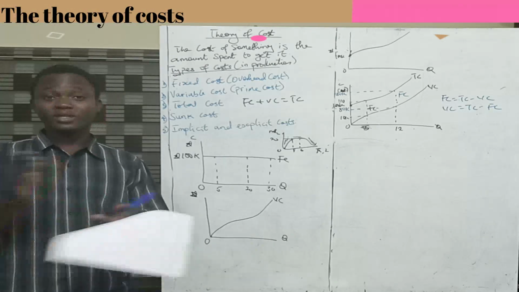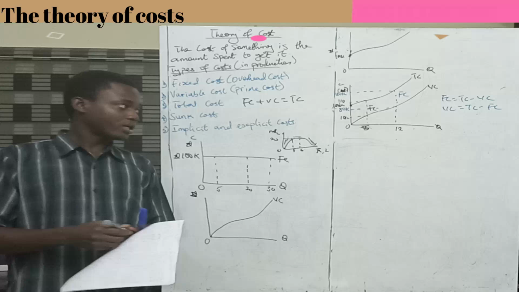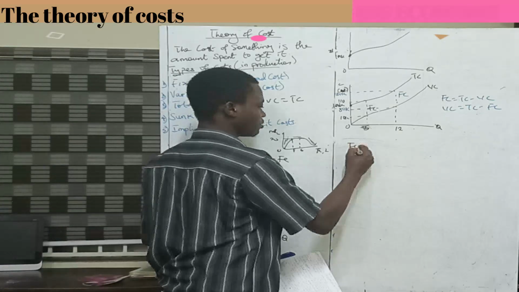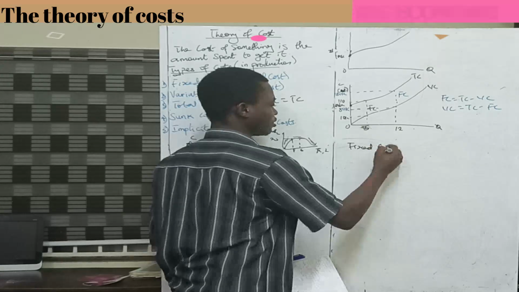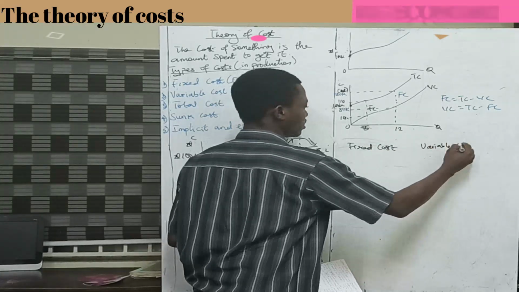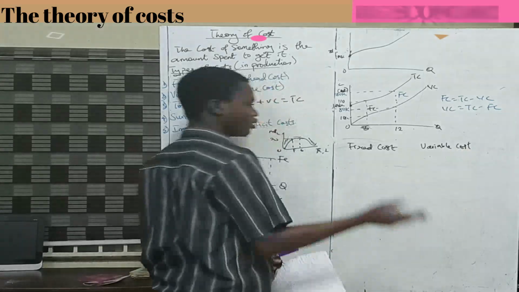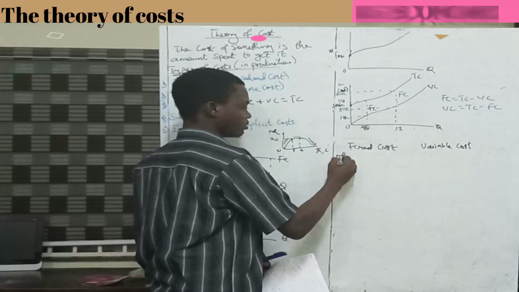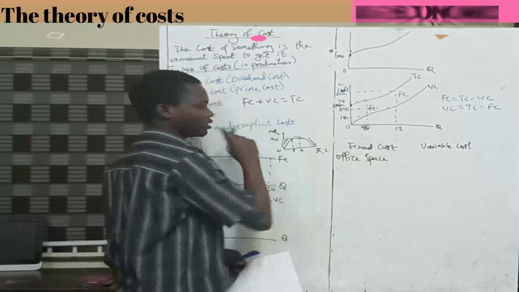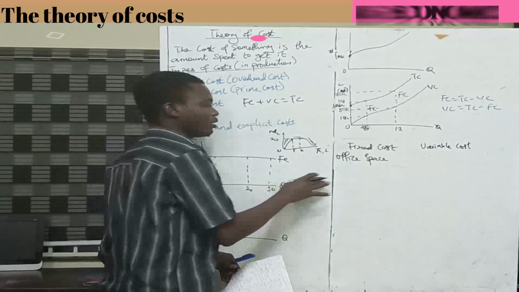So, everything that we did for the program, we have a fixed cost, then you have a variable cost. Under fixed cost, of course, I had office space. I'm not spending on office space, so that's an assumption.